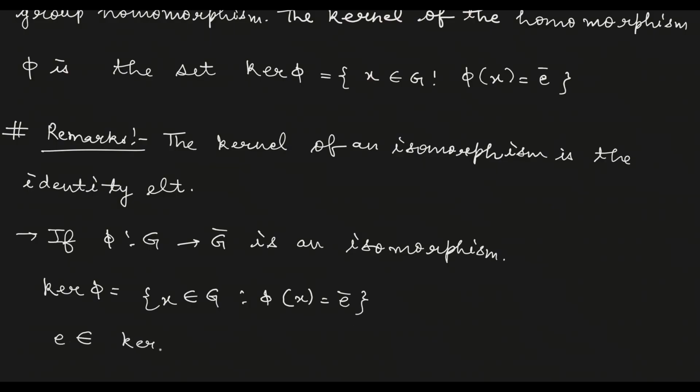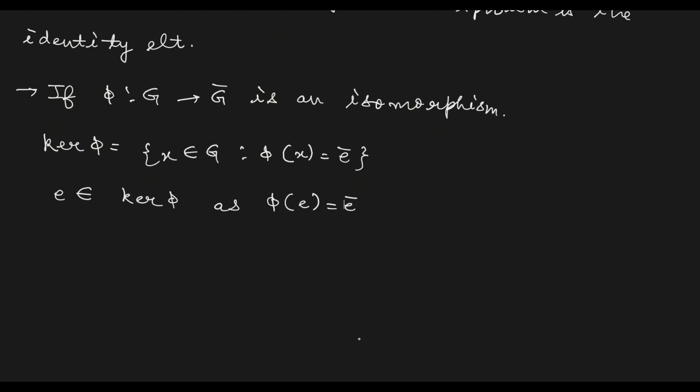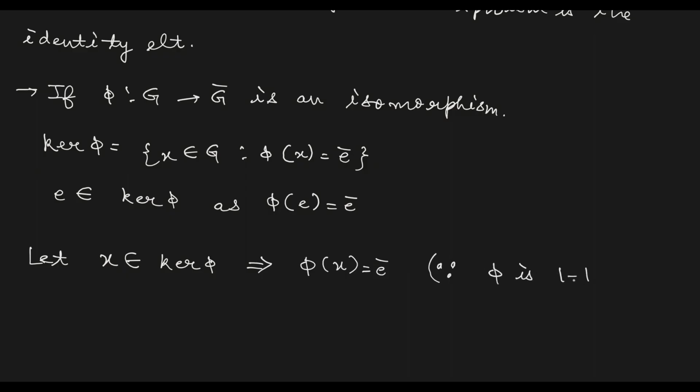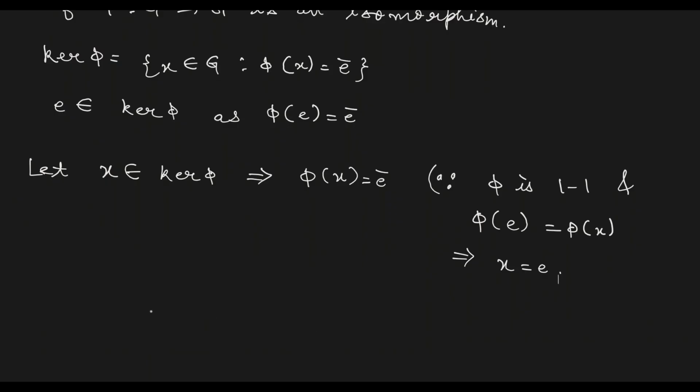E belongs to kernel phi as phi E is equal to E bar. If I suppose that x belongs to kernel phi, this means phi x is equal to E bar. Now as phi is one-one, because phi is an isomorphism, and phi E is equal to phi x, so x is equal to E. So that's why the kernel of an isomorphism is the identity element, because I have picked x from this kernel phi.